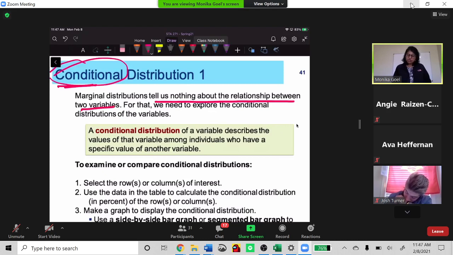So a conditional distribution of a variable describes the value of that variable among individuals who have a specific value of another variable. So conditional distribution tells us that we need to first look at what condition I am looking for.